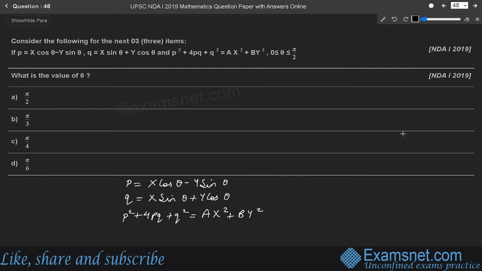What is the value of theta? It is a question from trigonometric expressions and we have to find the value of theta here. So let this be equation number 1.